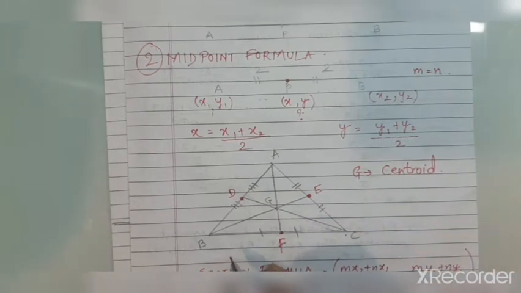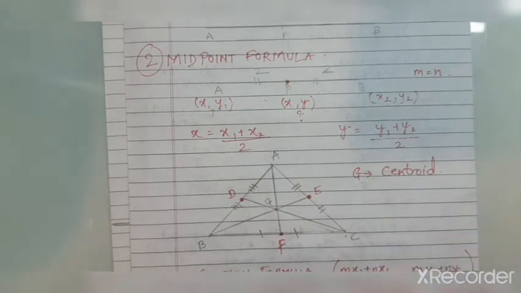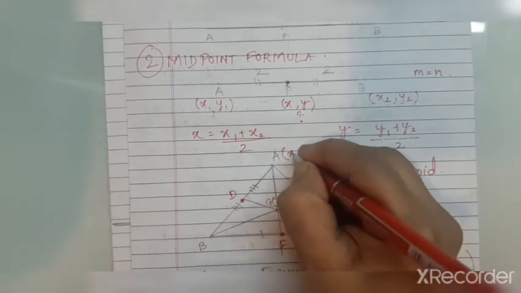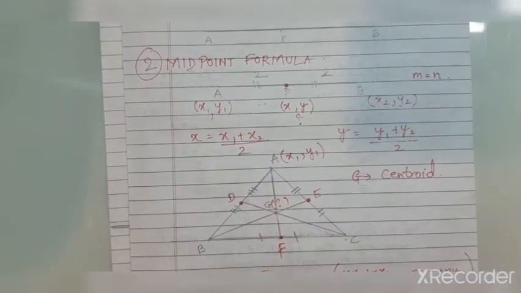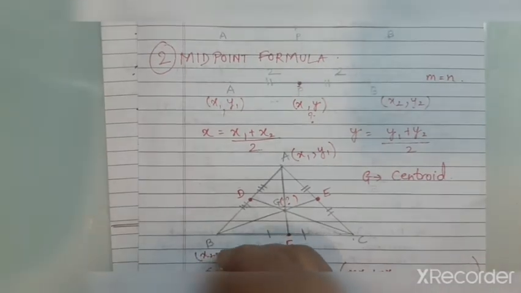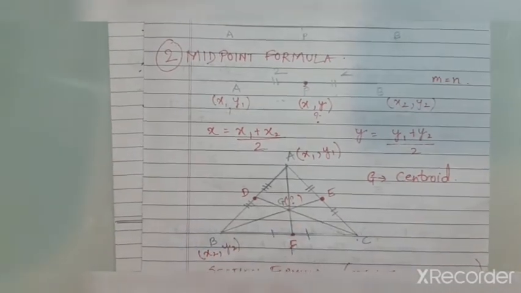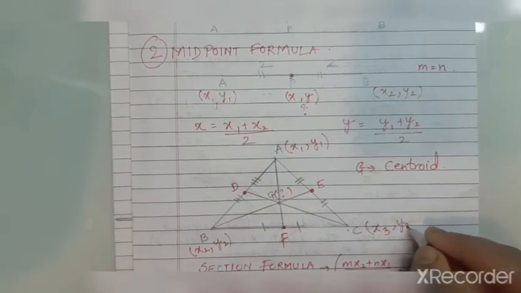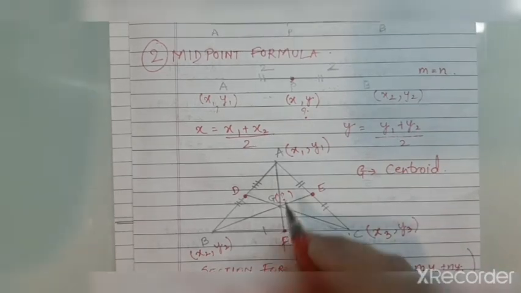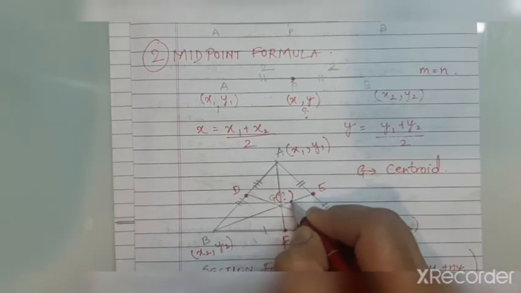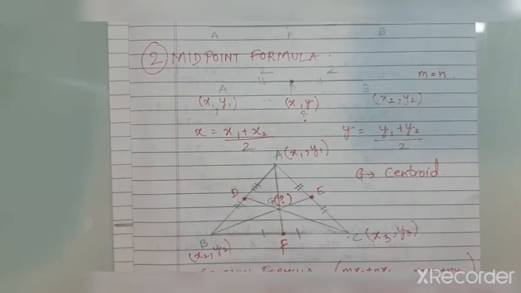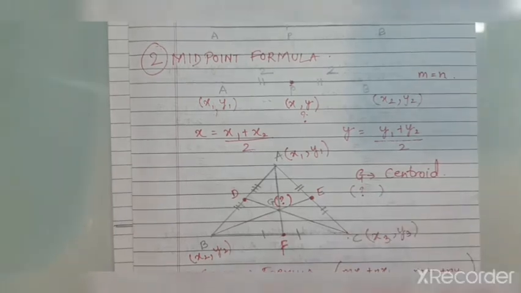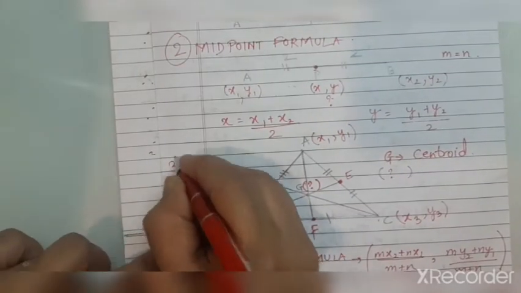Now, here if we have to find the coordinates of this point G, if I consider that the coordinate of point A is x1, y1, if I consider the coordinates of point B as x2, y2, and if I consider the coordinates of point C is x3, y3. Then, in that case, if I have to find the coordinates of this centroid, okay, when I don't know the coordinates of this centroid, I will find by the centroid formula.